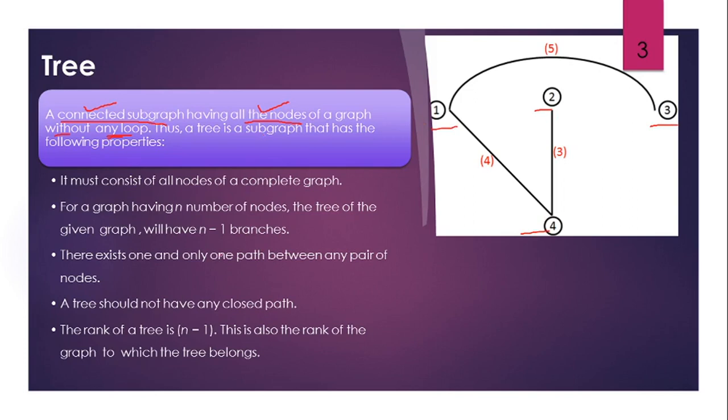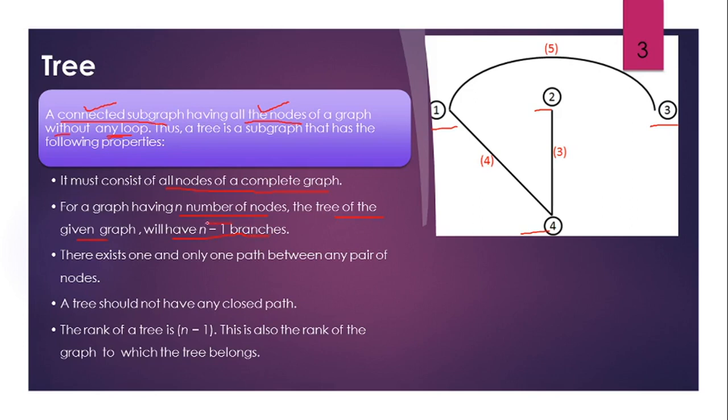You can also follow some of the properties. What are the properties here? It must consist of all nodes of a complete graph, as we have seen the complete graph in the previous lecture. All the nodes in the complete graph, we found there are 4 nodes. So it has the same nodes 1, 2, 3 and 4. For a graph having n number of nodes, the tree of the given graph will have n minus 1 branches.